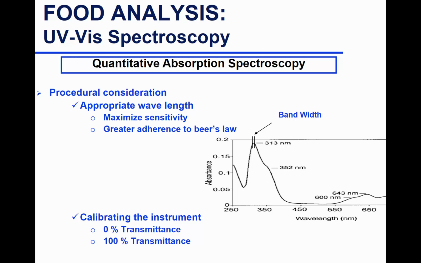Sometimes you can make it a little wider so you can have higher intensity of the beam, especially if you have wavelengths where you get maximum absorption at 270, 272, 274, 269. You still have the same maximum absorption, so you can widen the slit to have more intensity of light reaching your sample. You can enhance sensitivity and lower your threshold by doing so.